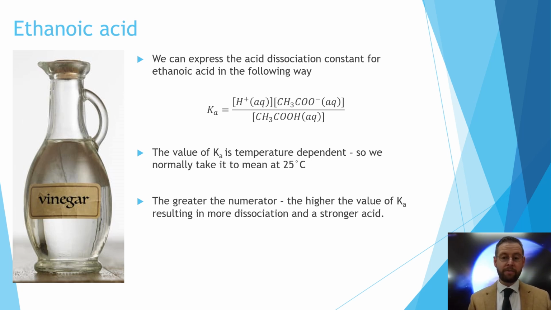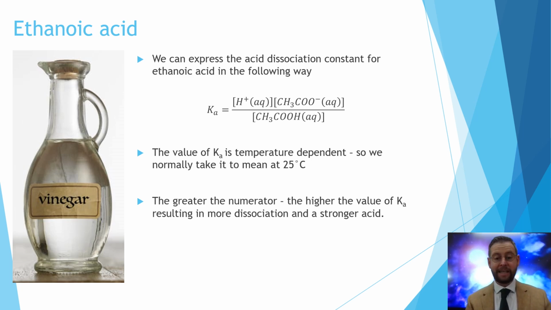So on the top row, we would define the concentration of the H plus ions multiplied by the concentration of the CH3COO minus ions, divided by the concentration of the acid before we considered dissociation, how many moles were in 1 cubic decimeter. So it's totally temperature dependent. We normally take it to mean 25 degrees C.